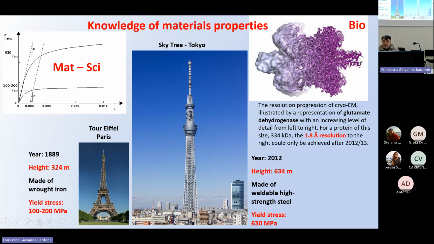At the same time, this is glutamate dehydrogenase. This is a high-resolution cryo-electron microscopy image on the right. And this was an image taken many, many years ago in which you don't have resolution. You see the form, the shape. You have a similar shape, but with increasing resolution in the detection technique, you can detect finer details of these biomolecules.